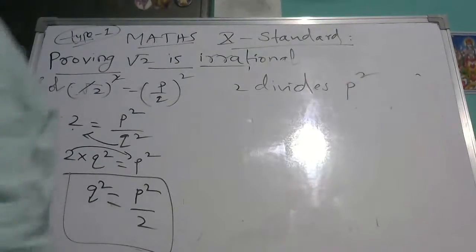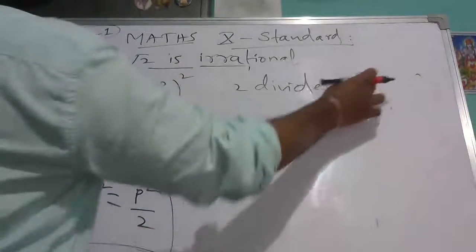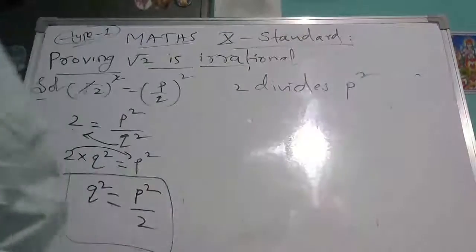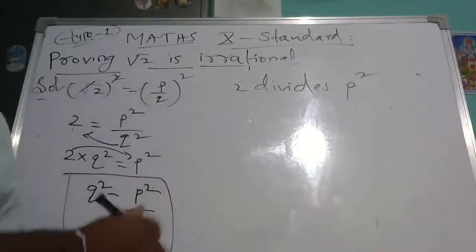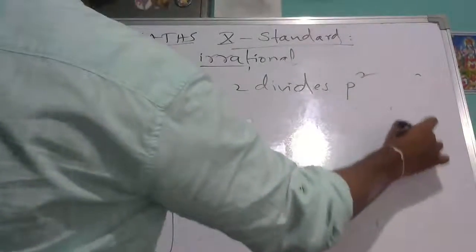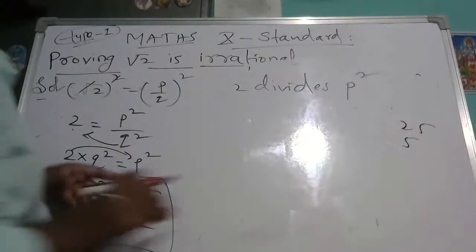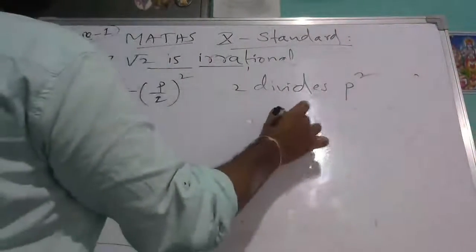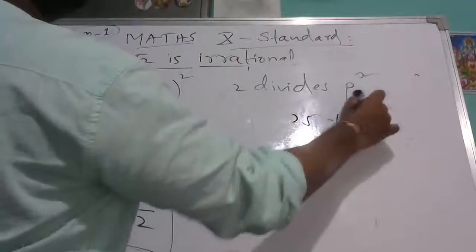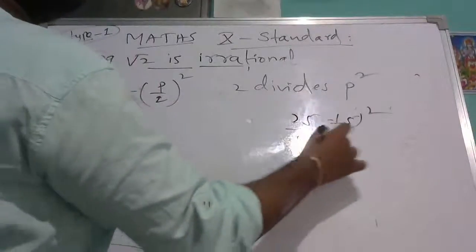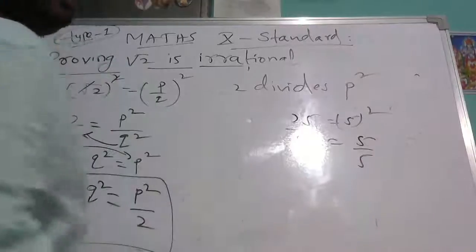If any number divides a square number, it has to divide its root number as well. I will explain with an example. 25 is 5 square. So if 25 is divided by 5, then 5 also divides by 5.